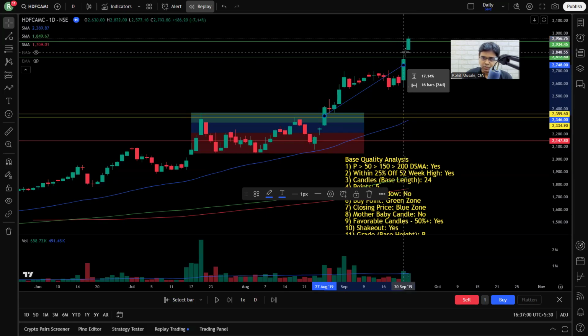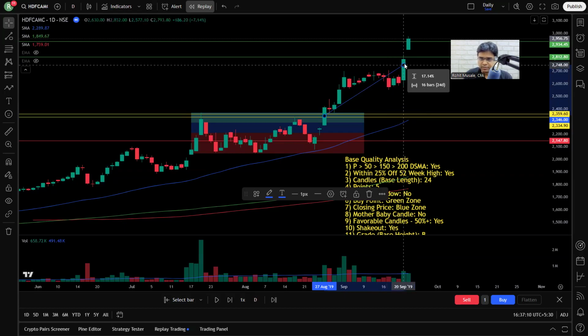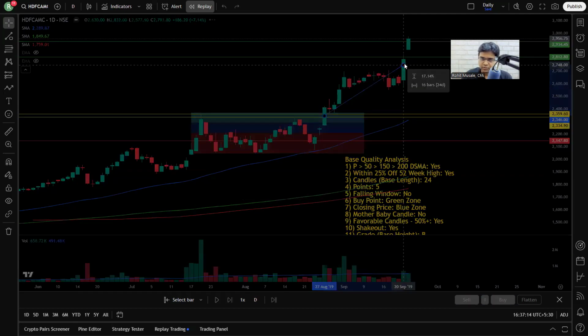So when the stock enters this range, maybe sell all the shares or maybe sell 50% of the shares and probably move your stop loss somewhere at the low of this. Just a technical level, the latest low. So 16 bars. Okay. So it took 16 working days for the stock to hit the target. What happened here? I can't see.